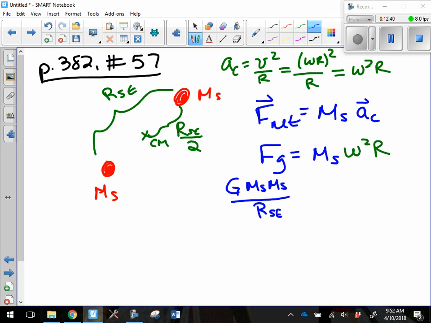R sun Earth. Oh, it is R squared. Thanks, Priya. Okay, and that's going to be equal to ms omega squared. But what's this r going to be? Yeah, because it's the radius of the orbit, which we already labeled as RSE over 2.